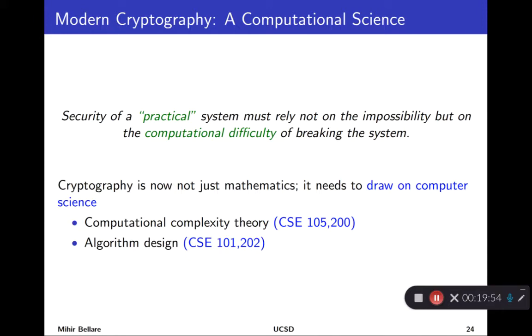In particular, we exploit computational complexity theory to determine how we find problems that have the feature that it would take a lot of computing time to find answers, and how we build on those to get security. Algorithm design tells us how we design the actual algorithms to exploit that. And these call on courses like 105 and 101, and this is why those are prerequisites for what we have here.